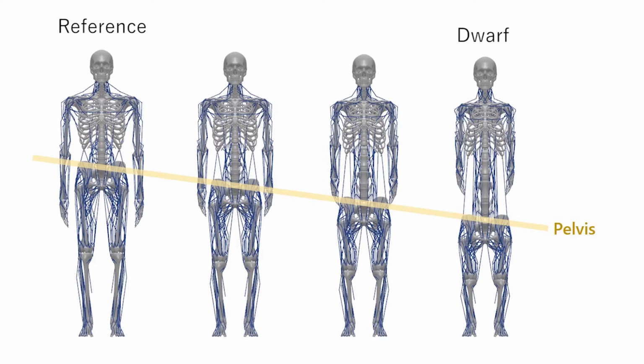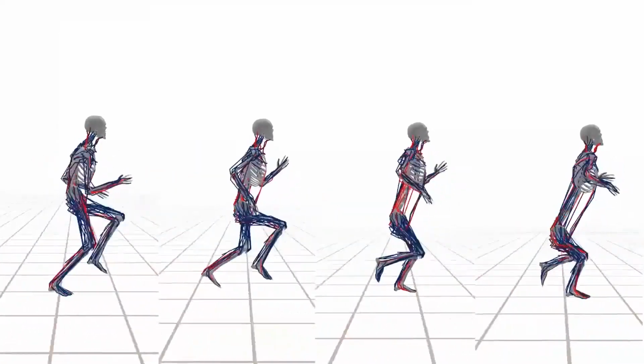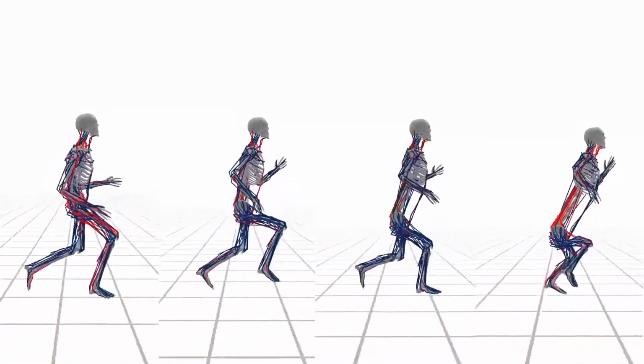In this example, we can easily see the physical effect of body transformation. Since dwarf has short legs, its stride is also shorter than that of a human.